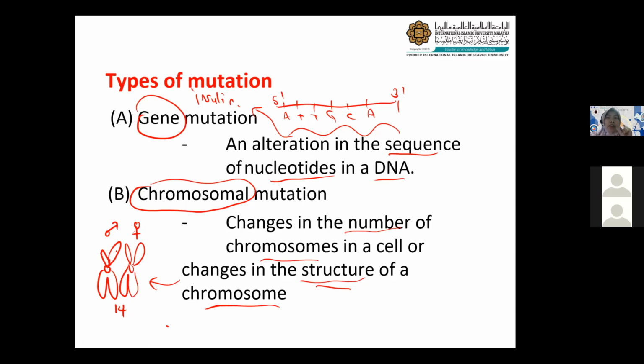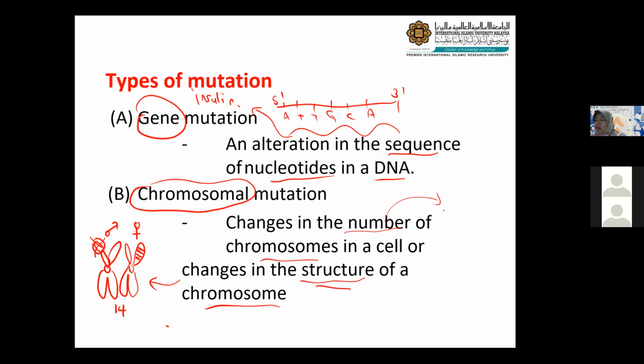So when the structure of chromosome changes, it can cause changes of the genes. Banyak gene akan berubah. Because remember, setiap kromosom ni ada locus. So many locus. You just imagine satu ini je hilang, dah tak ada. So it will affect a few genes. Okay, what about changes in chromosome number?